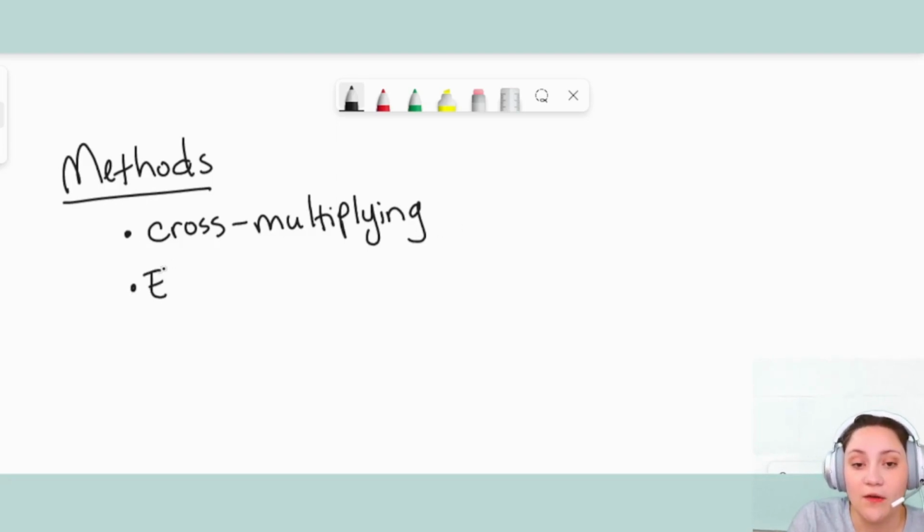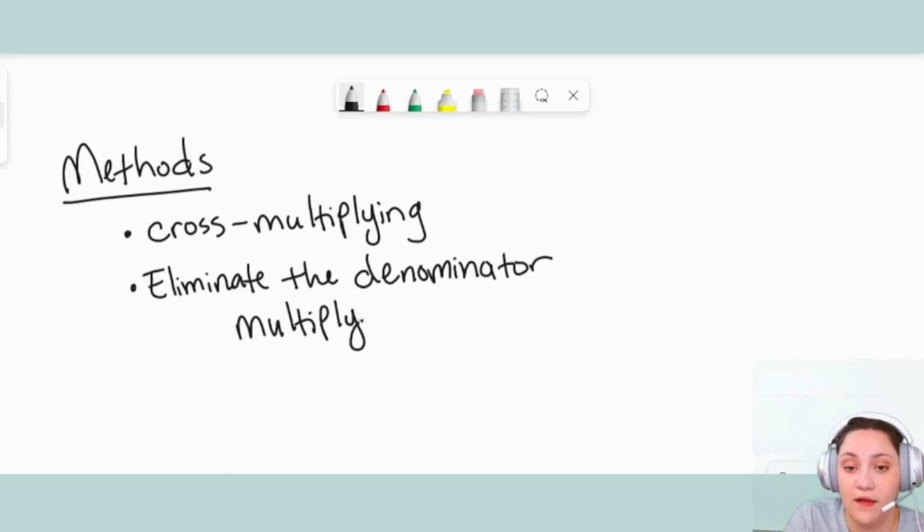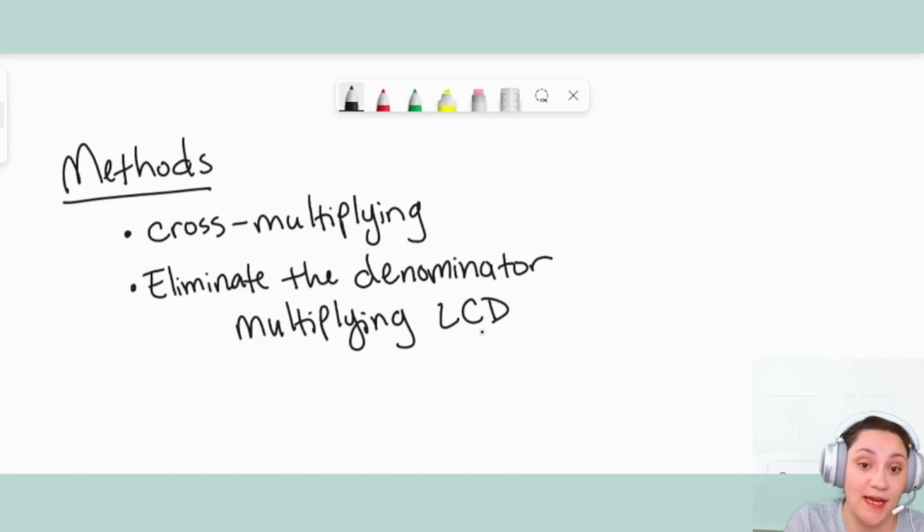We can also eliminate the denominator. Sometimes we can eliminate the denominator altogether as we are solving these, and we can do this by either multiplying by just a common denominator or multiplying by the least common denominator.